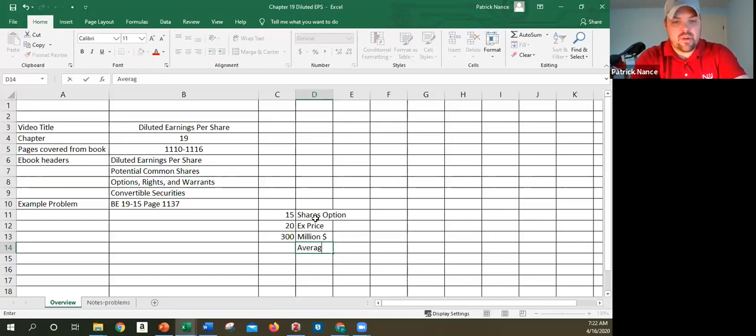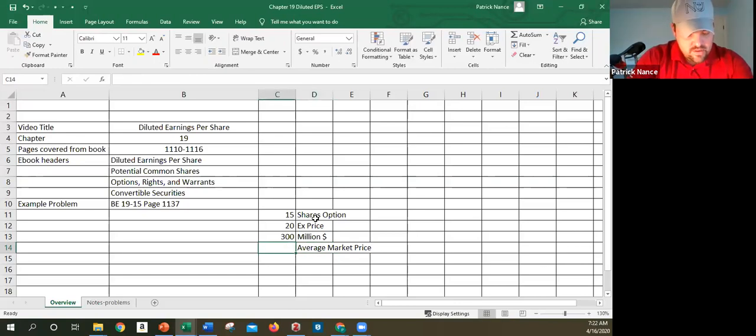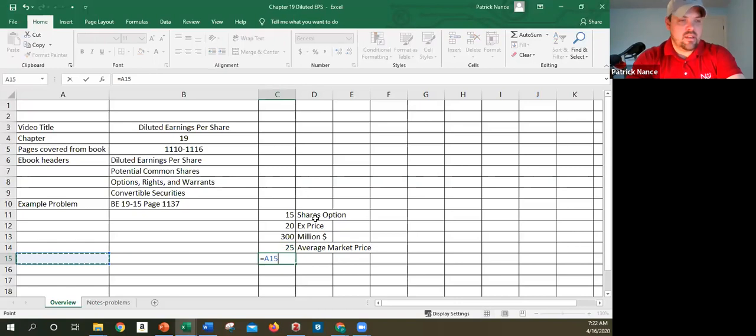The average market price is 25, which oddly enough doesn't say that in the actual problem, but they would have to give you that number. So 25 is the average market price. We take the 300 million divided by the 25 to get 12 million shares.